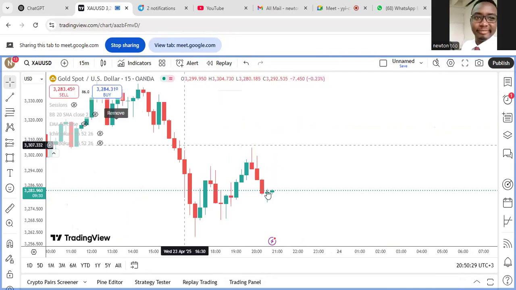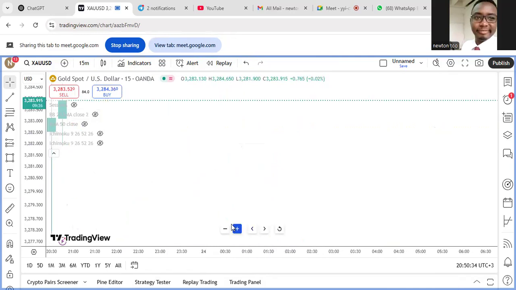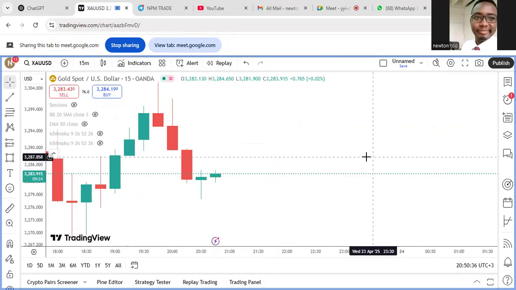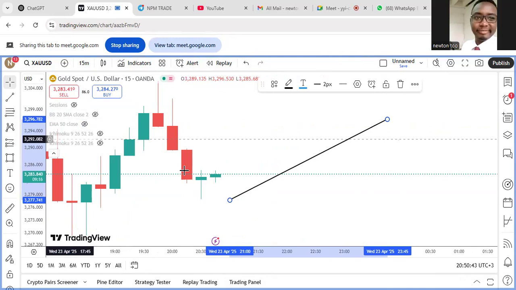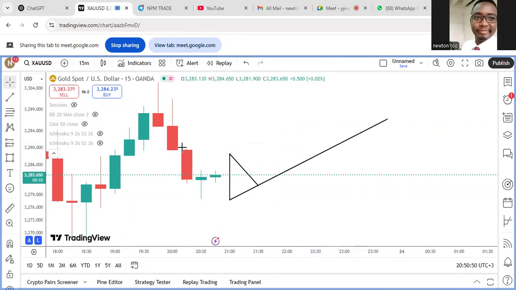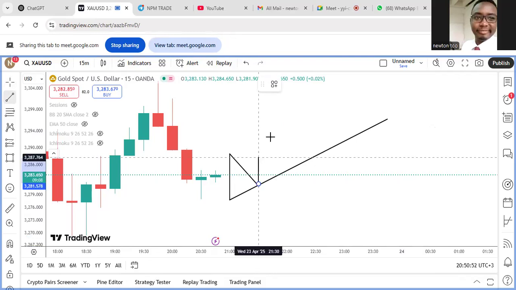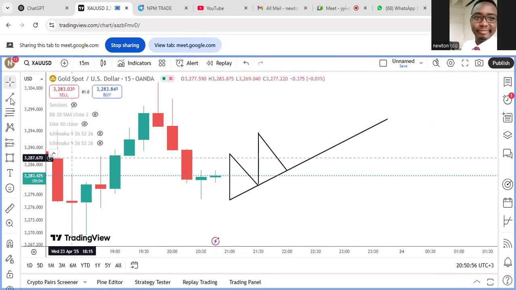On the 15 minutes time frame, always enter and just use one bar stop loss. Let's say this one is a trend line. Then the market may bounce, for example like this, touch one, then touch two.